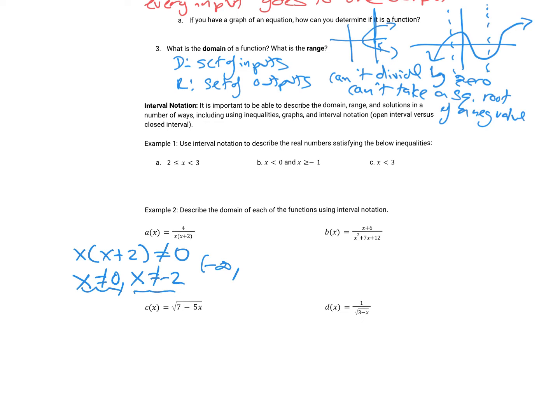Sorry about that. So -2, and then it picks up right after -2, and we're good until we get to 0, and then 0 to infinity. So that would be the way you would say there's a break at -2 and there's a break at 0. Those are the two values that are excluded.